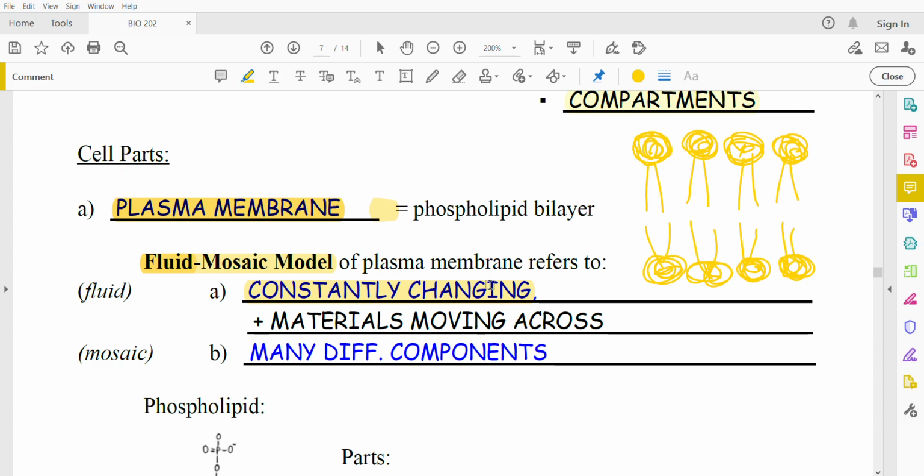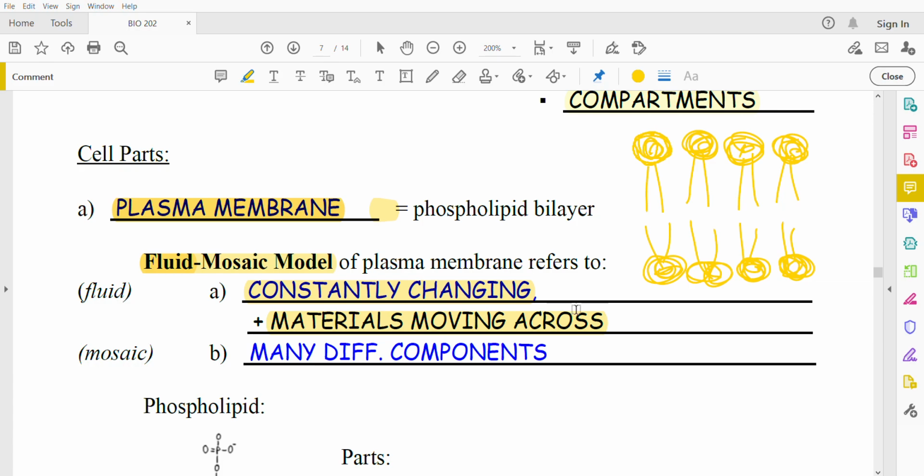They're more like snapshots of a single time. In reality, plasma membranes are constantly changing in their structure. All of the parts of the plasma membrane are constantly moving about, changing sides, changing their location. In addition, many materials are constantly moving across the plasma membrane.